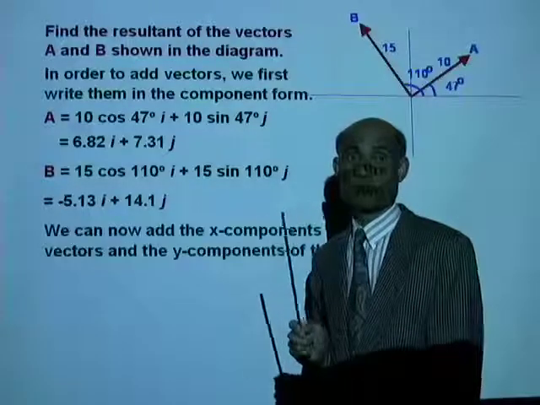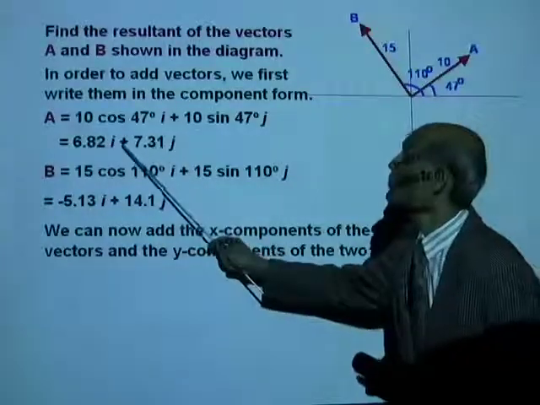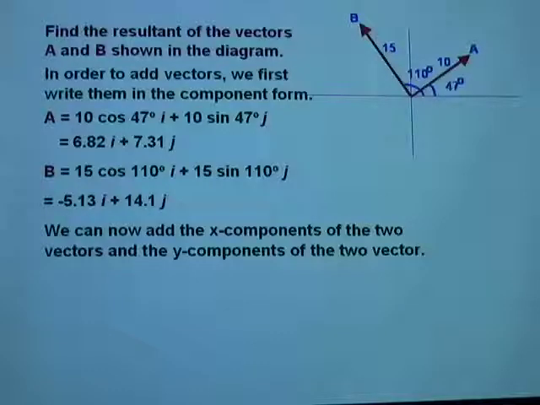Okay? We can now add these vectors. Let me draw these vectors for you over here. Our first vector, vector A, has the x-component 6.82i and the y-component is 7.31j.